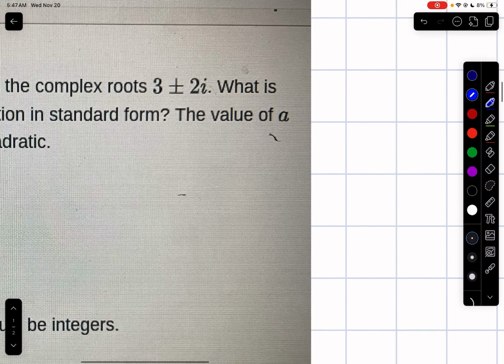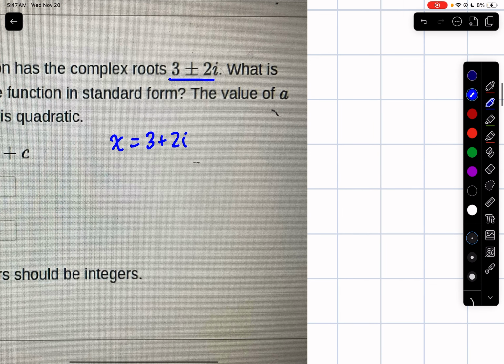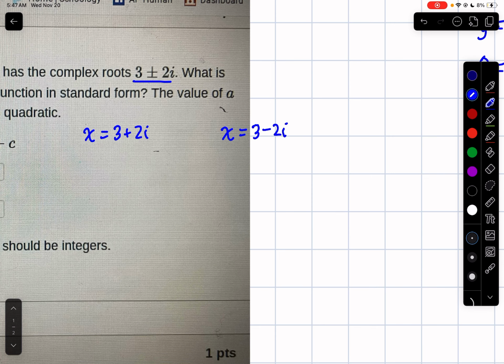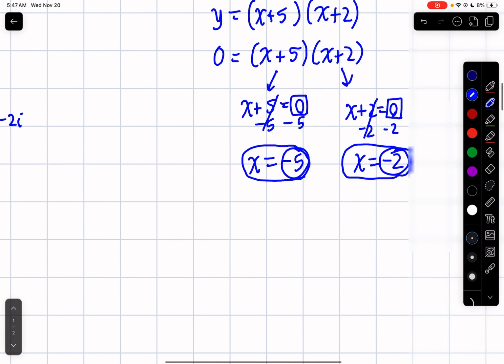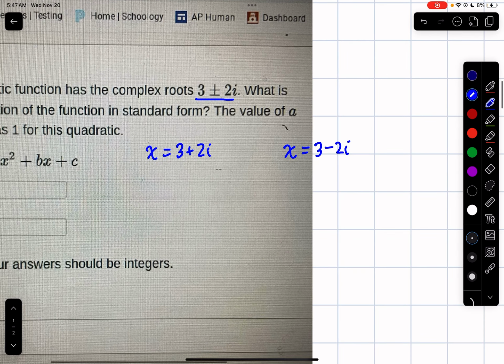So if I come back over here, I've got the complex roots: x is equal to 3 plus 2i, and x is equal to 3 minus 2i. Okay, so I'm working backwards here. I know that I got those solutions because the step before, I had something equal to 0. So I've got to get back to equal to 0.